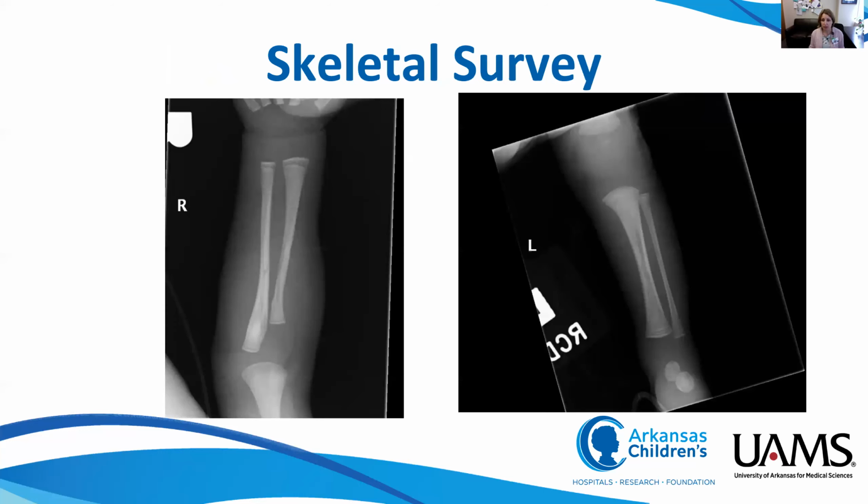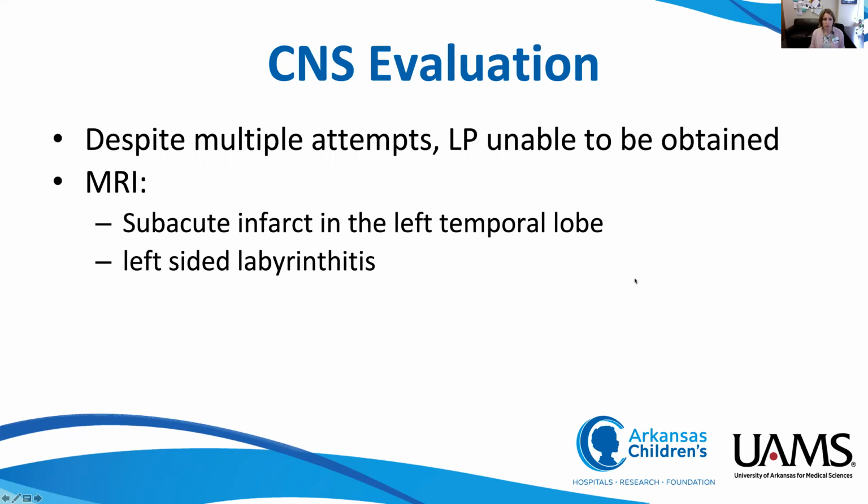Then we look at a skeletal survey, and you can see the metaphysis of these long bones here in the radius, the ulna, the tibia and the fibula that are just thinning out.